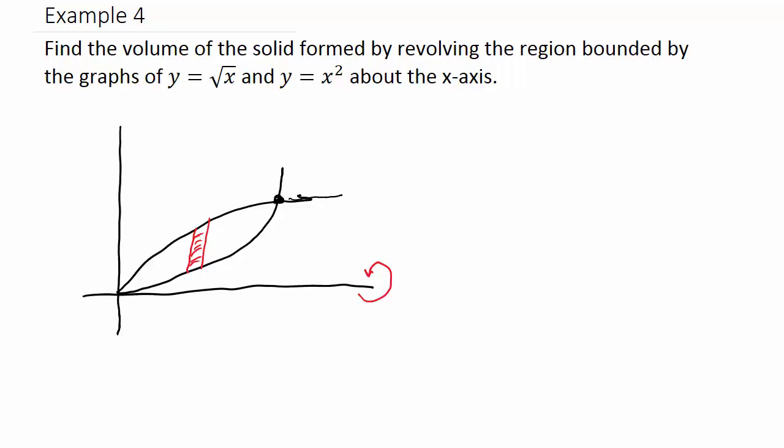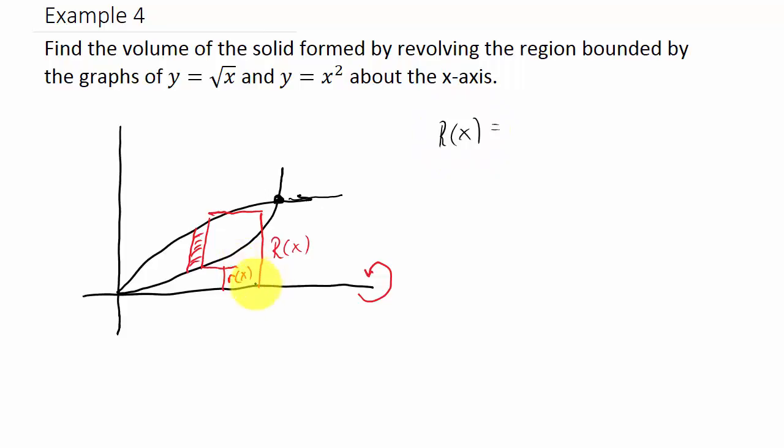Alright, so we need the outer radius and the inner radius. The outer radius, this, is big R, and the inner radius, this, is little r of x.